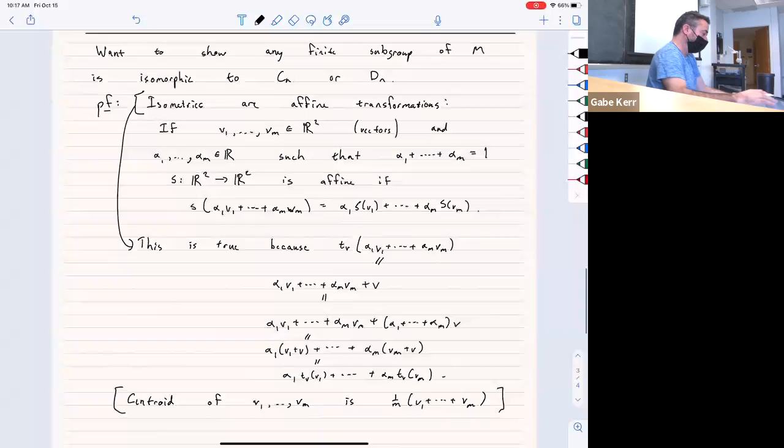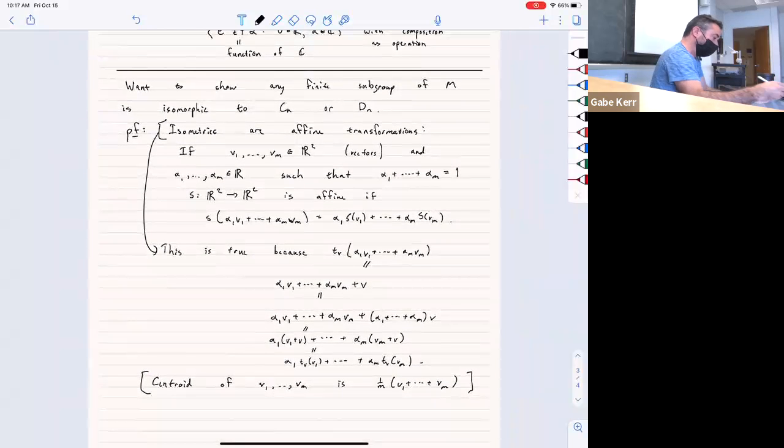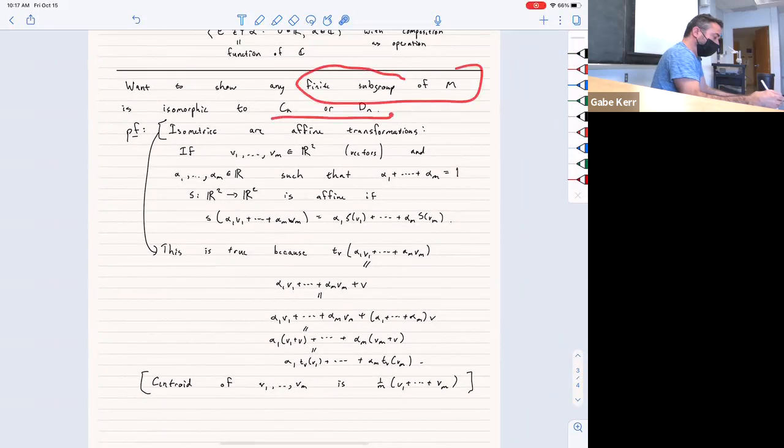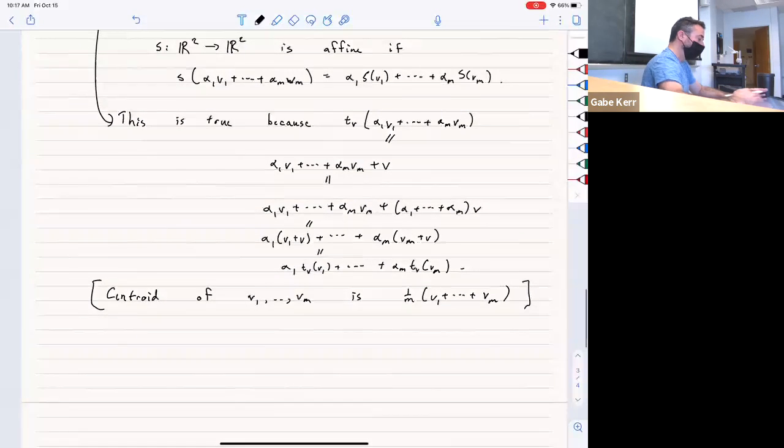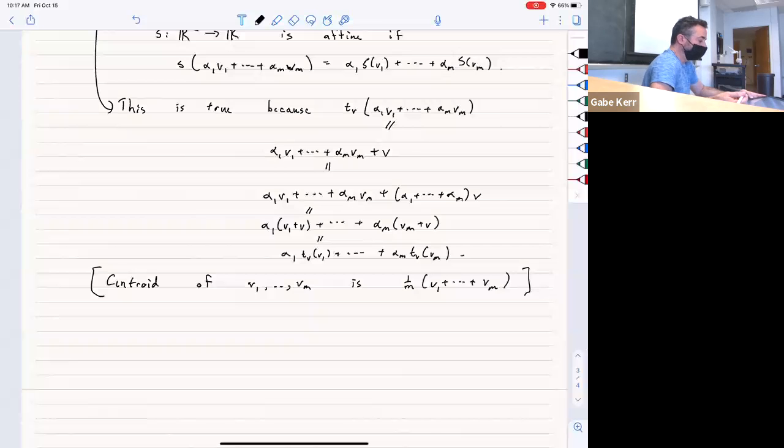So what are we trying to prove? I'm sorry, I lost my train of thought there. Well, I want to prove that any finite subgroup of M is of this type. And in particular, that its rotation is either Cn rotating around a particular point or Dn around a particular point. And so in order to do that, I'll take an arbitrary point and consider what's called its orbit. So suppose G is finite now inside of M.